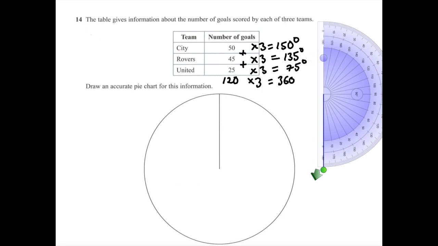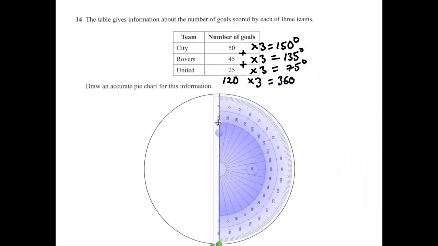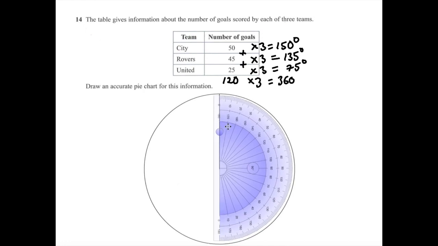Now I'm going to use my protractor to construct my pie chart. So the first team is City, so I need to draw 150 degrees. I'm going to line up my protractor in the middle. So it should be 0, 0. Yep. Now 150 is over here.